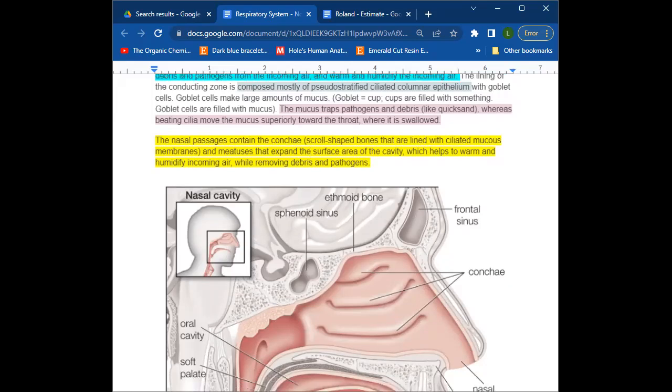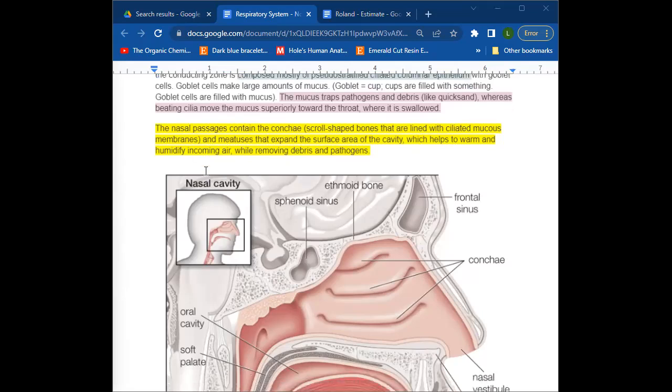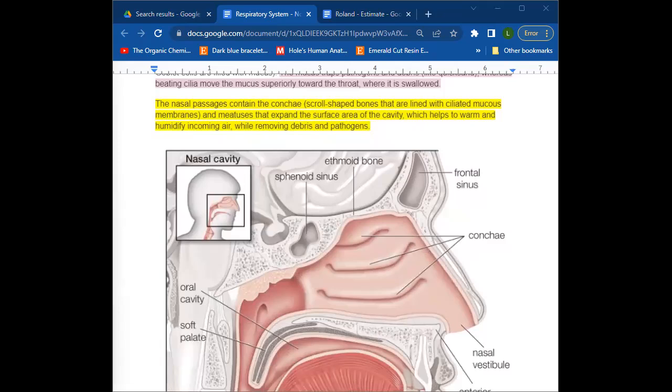Now let's take a look at each of the respiratory structures. Okay, so the first structure is going to be the nose and the nasal passages. So the nasal passages are supposed to contain conchae. The conchae are supposed to be scroll-shaped bones that are lined with ciliated mucous membranes.